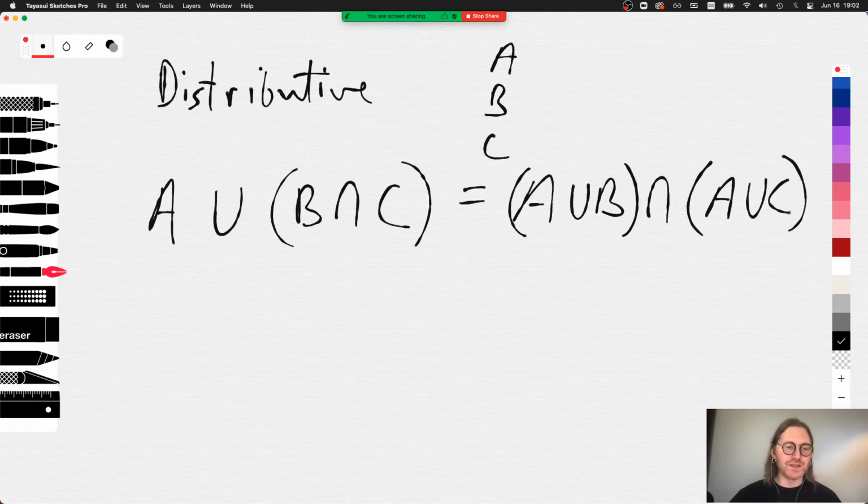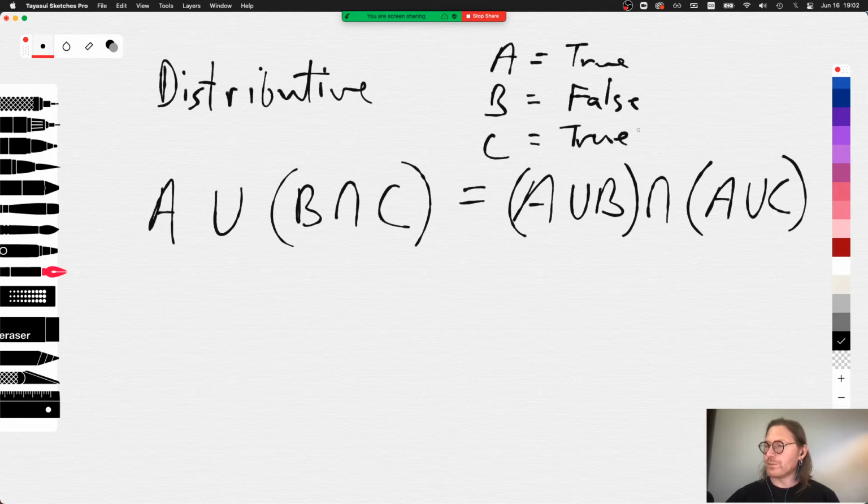I think for some of these it's nice to walk through verification of it, and we can do that pretty easily. Let's say A is true, B is false, and C is true.